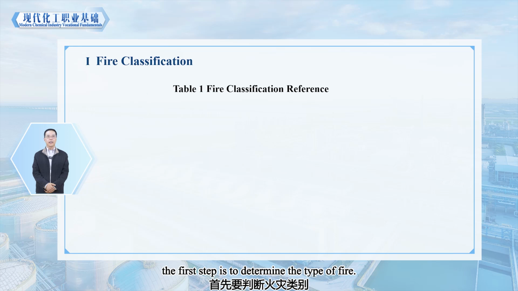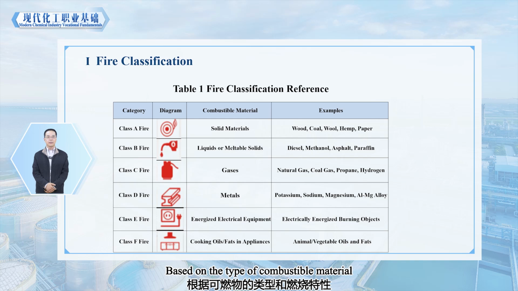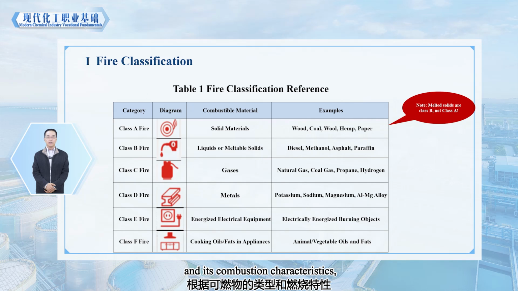The first step is to determine the type of fire based on the type of combustible material and its combustion characteristics.